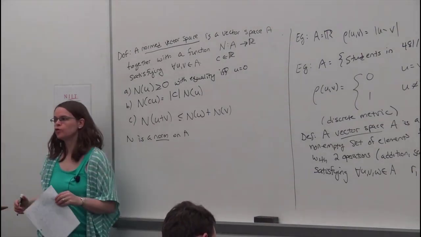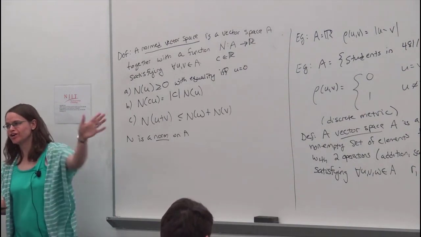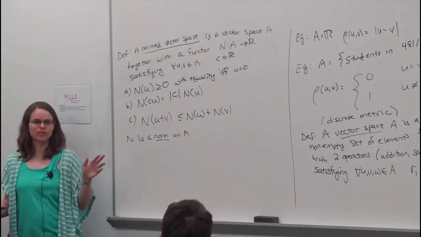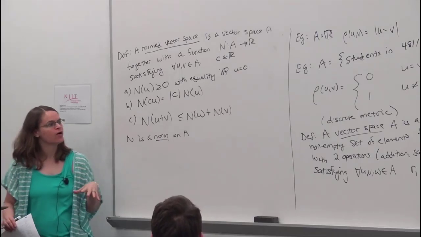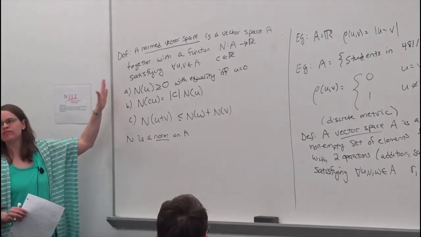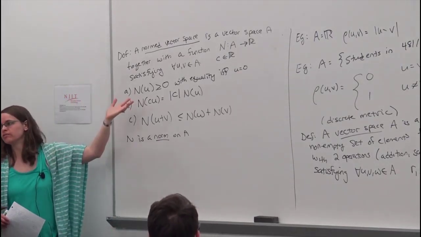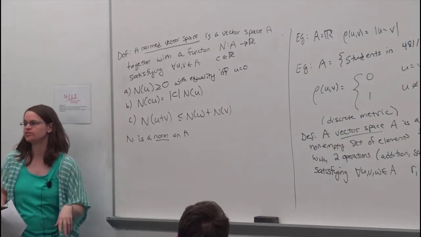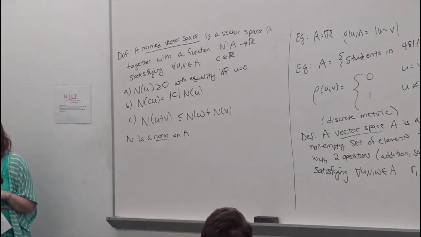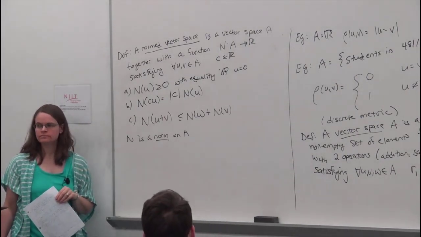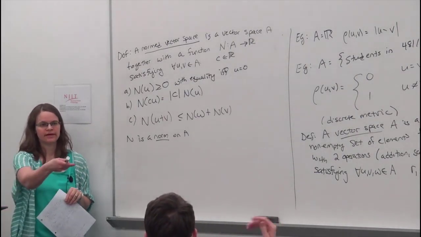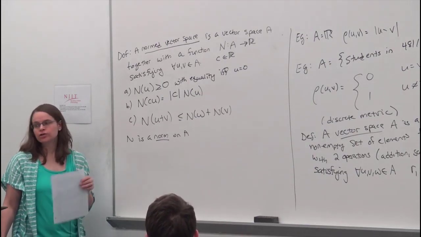So how do I go from a norm? We're trying to talk about metric spaces. Now I've said, let's pretend we're working with metric spaces that have a ton of extra structure. So now I'm working on a normed vector space, and from this I want to put a metric on this. What's the easiest way to put a metric on this? Yeah, you do the norm of the difference. I could do the norm of the difference.